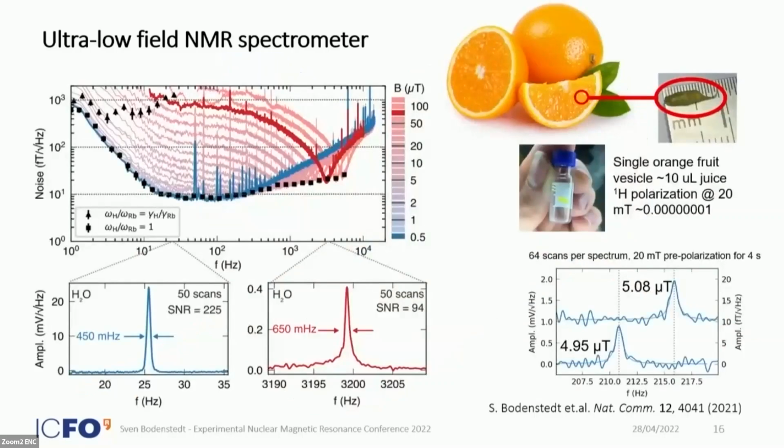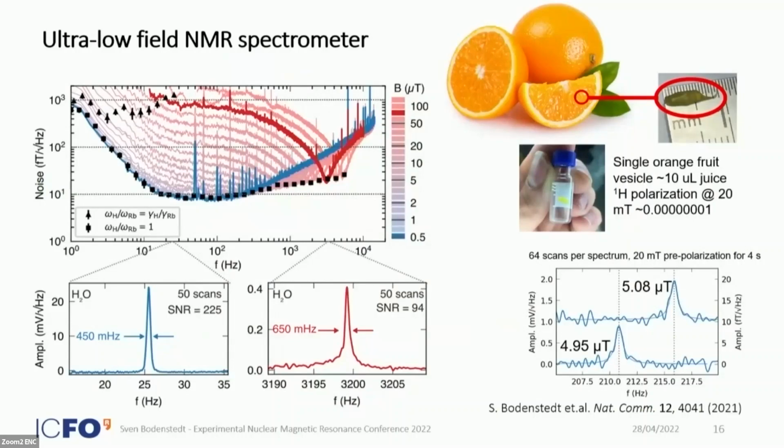And I'm also very grateful that we had a talk which showed how greatly tunable they are. We can easily tune the sensitive frequency by applying an offset magnetic field, and that allows us to be sensitive at different magnetic fields.